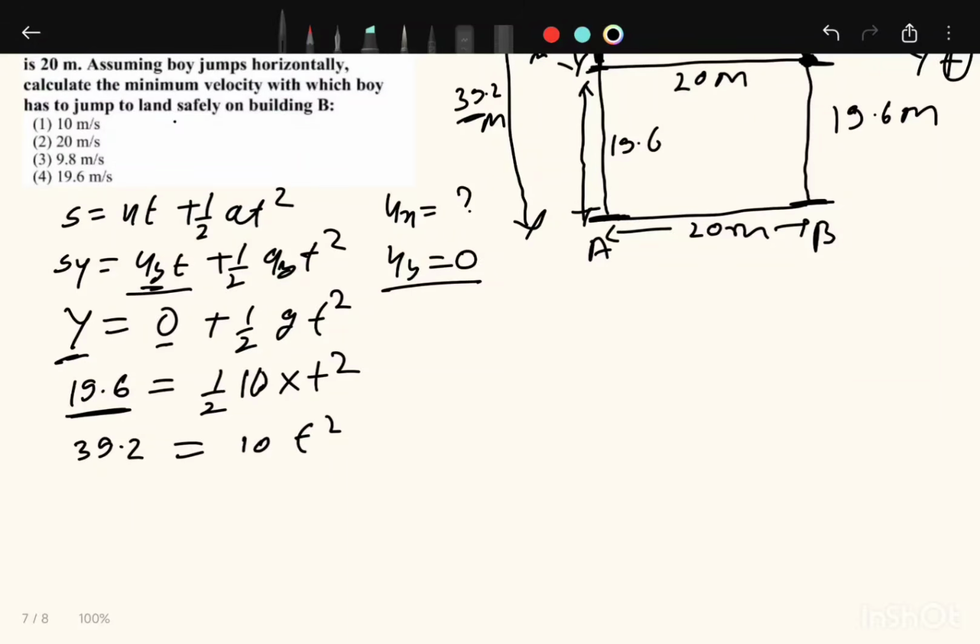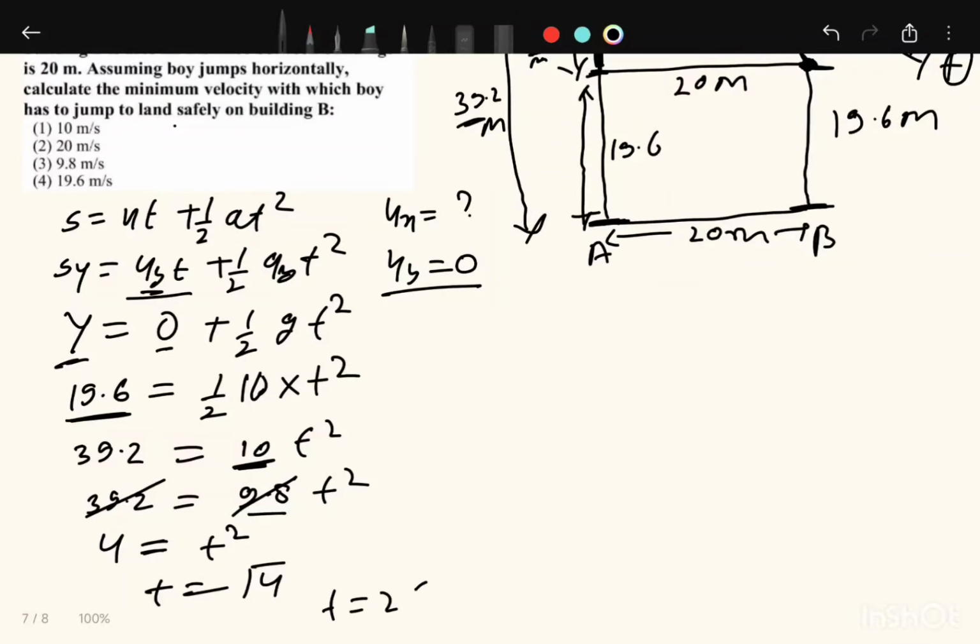If I use, instead of 10, a g value of 9.8, it will be 4, right? 4 times, right? The t value that you will get here, that will be what?